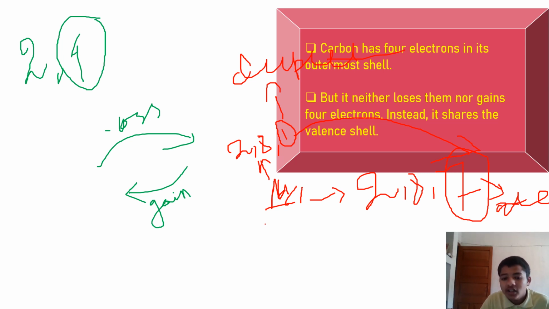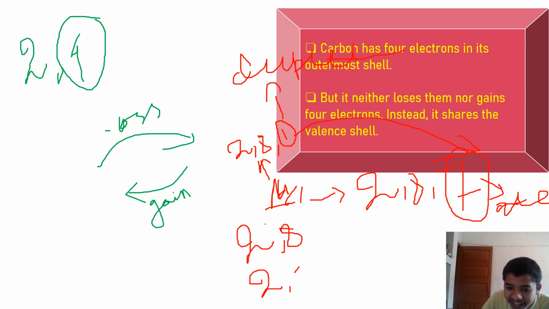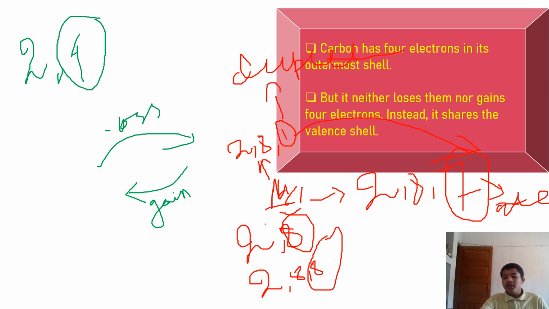To Cl. So now Na is 2, 8. And now chlorine, oh sorry, chlorine is 2, 8, 8. Clear? So is it satisfying? Octet is full. 8, 8 is there.